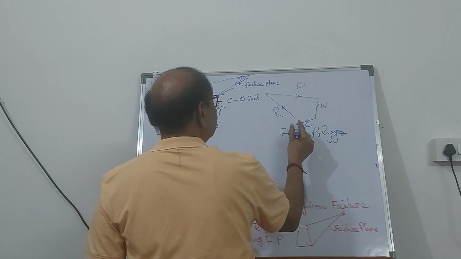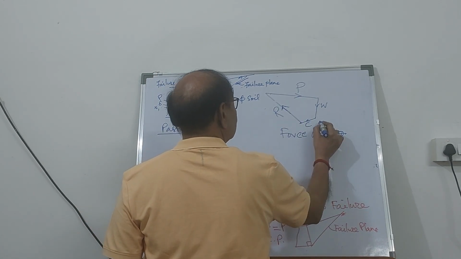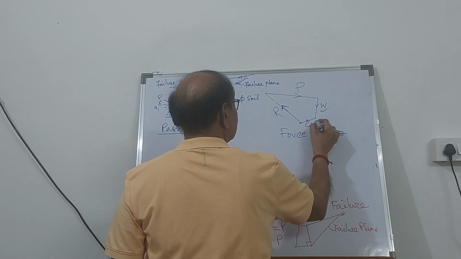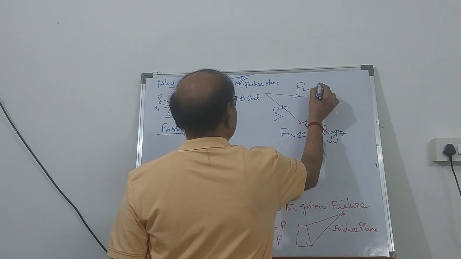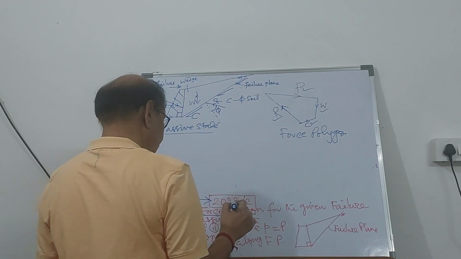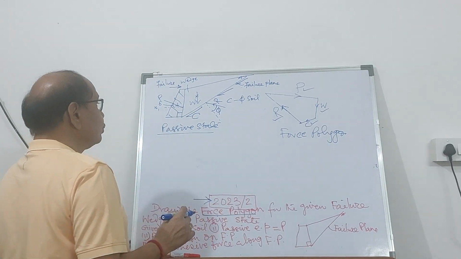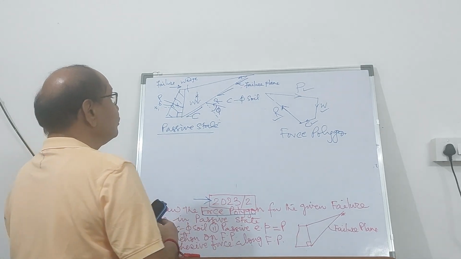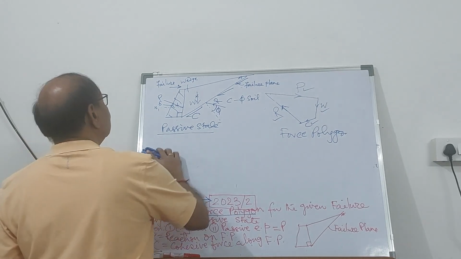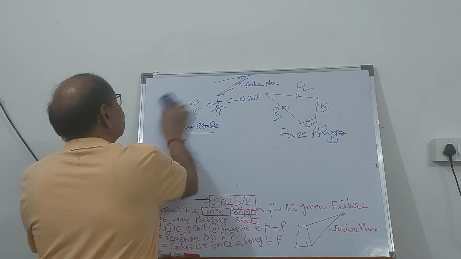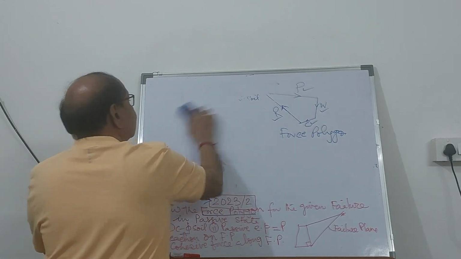So R, W, C, R, and P. This question was to draw the force polygon, and we are able to do it in Coulomb's failure wedge or wedge theory.